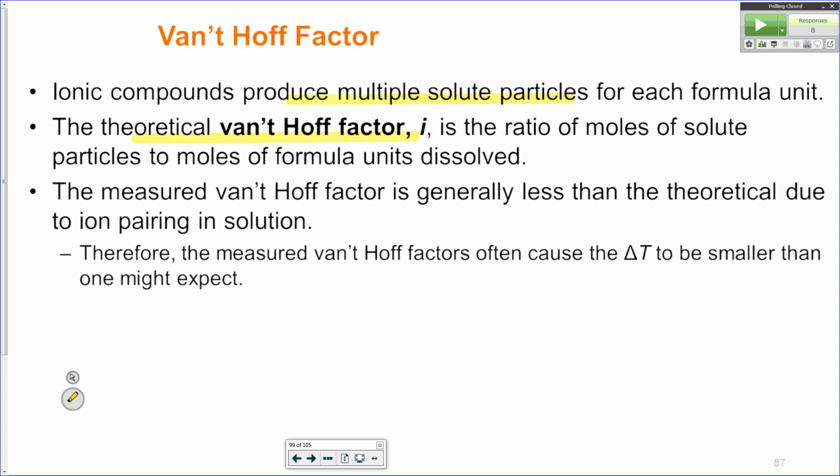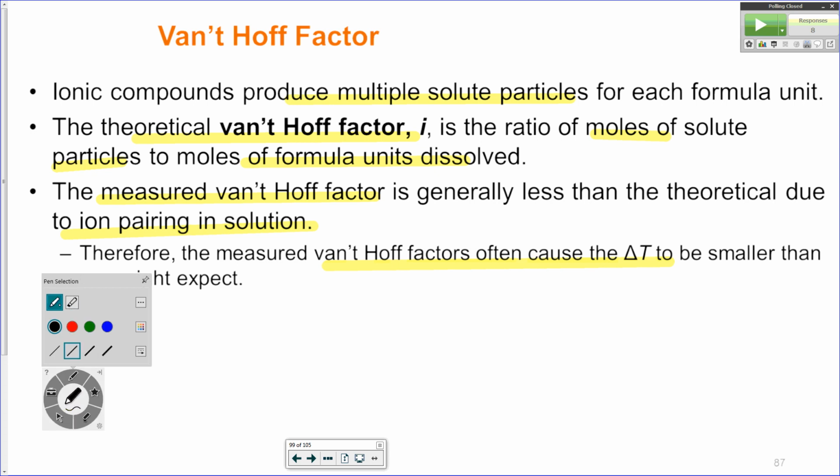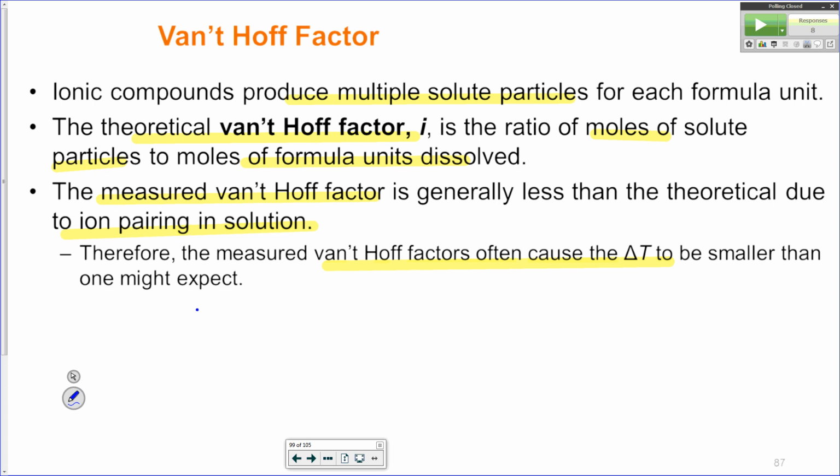It's simply the ratio of the number of moles of solute particles per formula unit dissolved. Typically, in reality, the Van Hoff factor is a little bit less than what we would say it should be theoretically. So frequently we have to do experiments to verify the delta T is really as small as we expect. I'll use the example of aluminum nitrate.